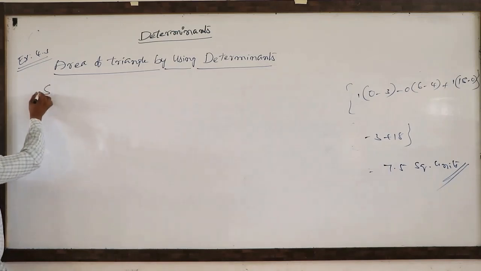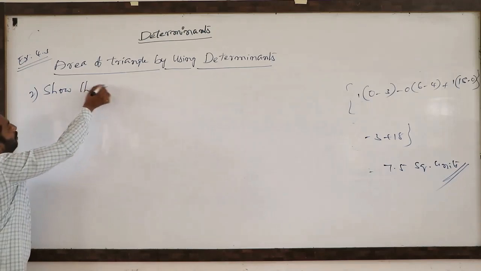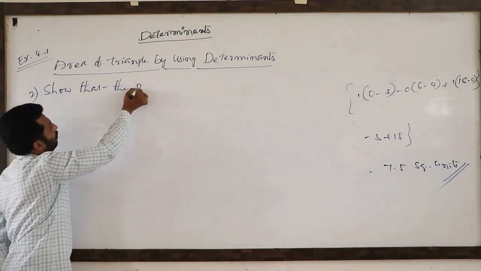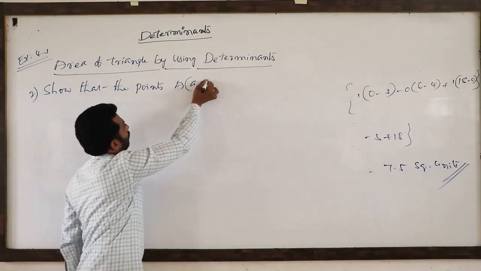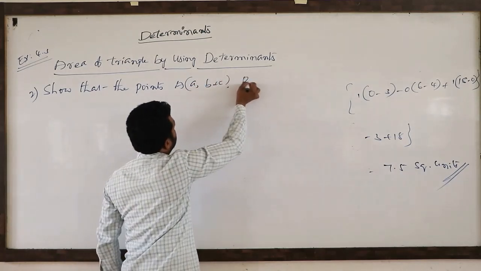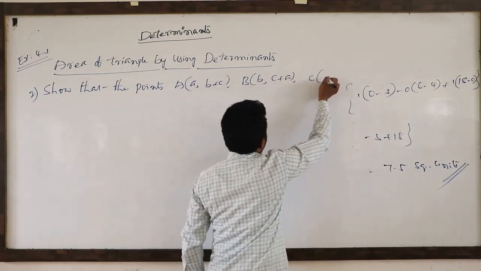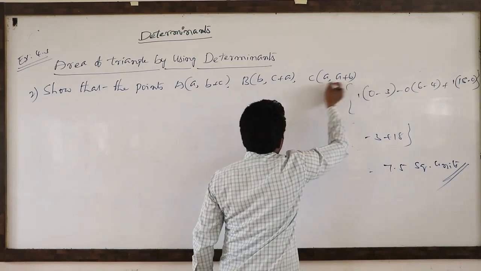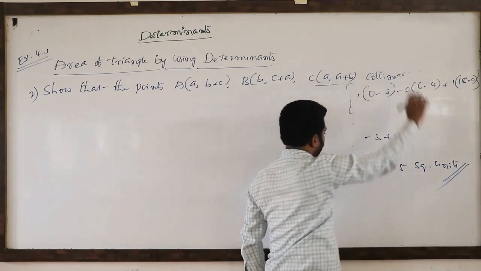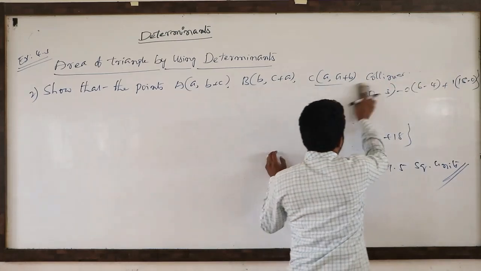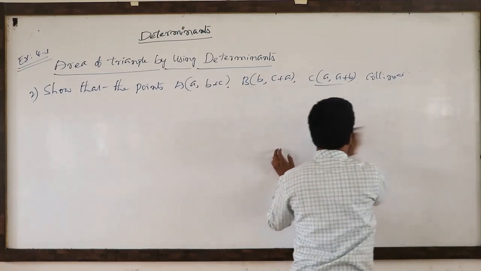Show that the points (a, b+c), (b, c+a) and (c, a+b) are collinear. Collinear is nothing but the area of the triangle must be 0, which we have to prove, meaning the determinant equals 0.